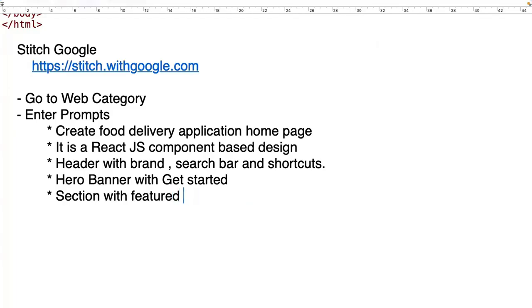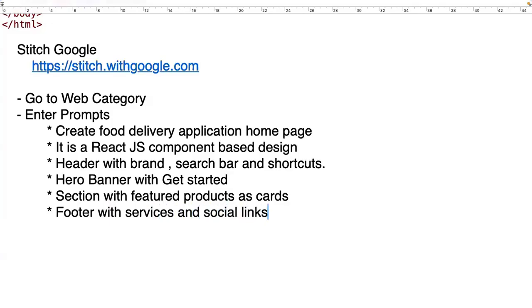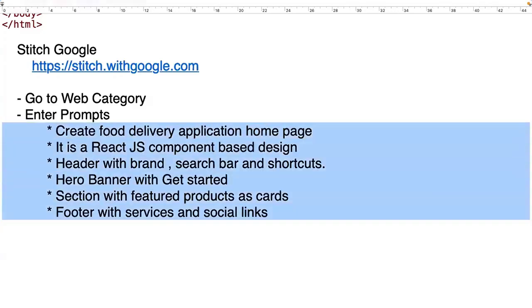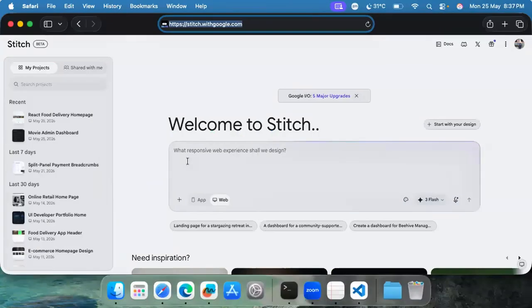So featured products as cards. These are all technical web designing terms. And footer with services and social links. These are the prompts we are giving for that tool, and I will paste these prompts here.